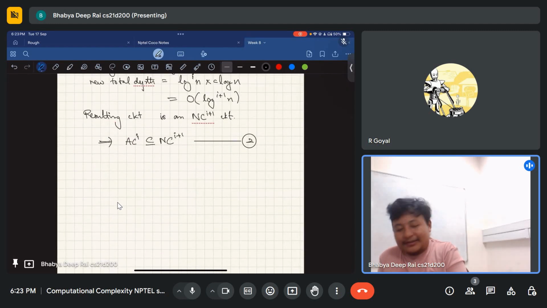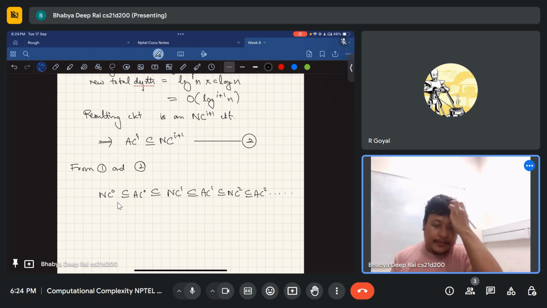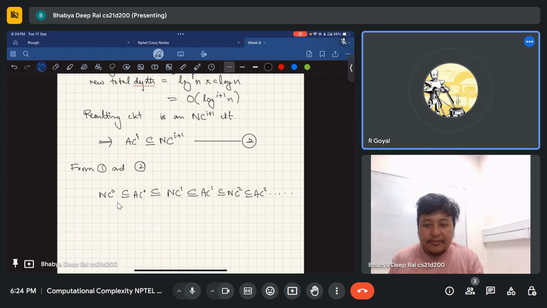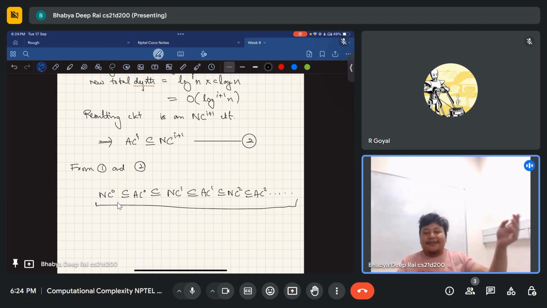Then from 1 and 2, NC0 is contained in AC0 from 1 trivially, is contained by 2 in NC1, is contained in AC1, is contained in NC2, is contained in AC2, and so on and so forth.